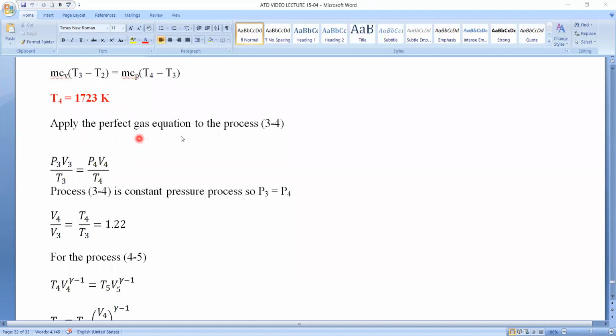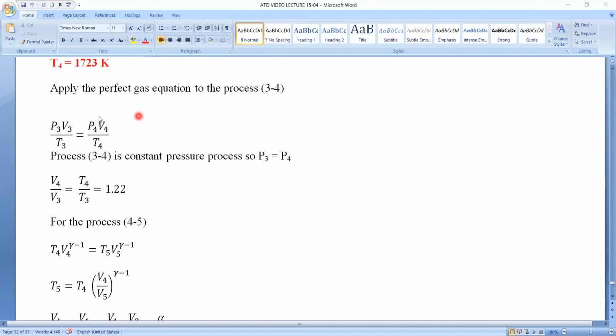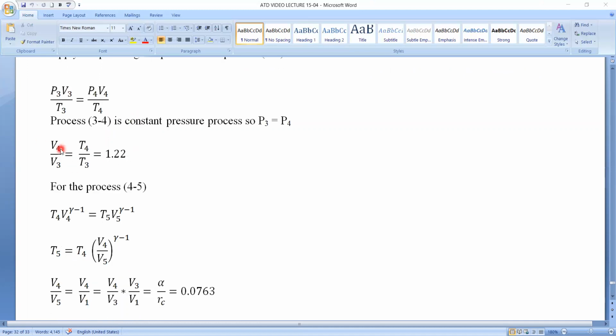Similarly, apply the perfect gas equation for the process 3 to 4. The 3 to 4 process is a constant pressure process. So the perfect gas equation is P3 V3 by T3 equals P4 V4 by T4. Since 3 to 4 is a constant pressure process, P3 and P4 get cancelled, and we get V4 by V3 equals T4 by T3, which equals 1.22. This 1.22 is nothing but alpha, the cutoff ratio.